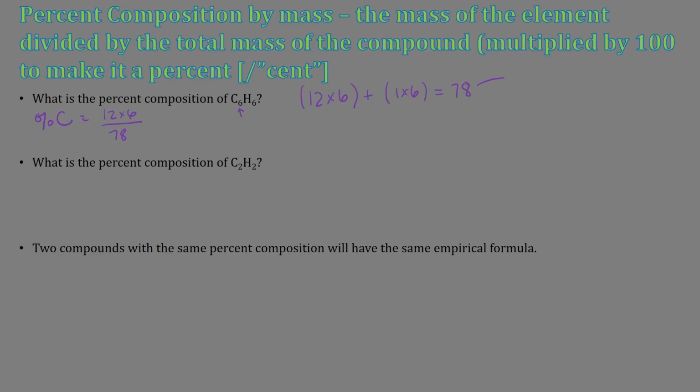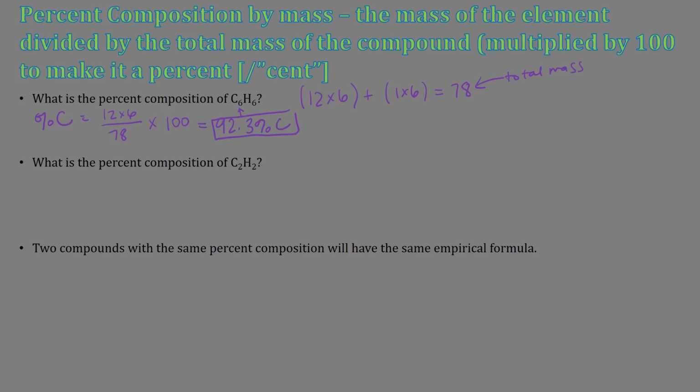So this is the total mass. And then we're going to multiply this by 100 to turn it into a percent. All right? And so what you get there is 92.3% carbon. So benzene, C6H6, is 92.3% carbon.